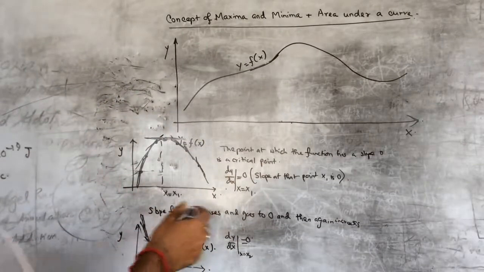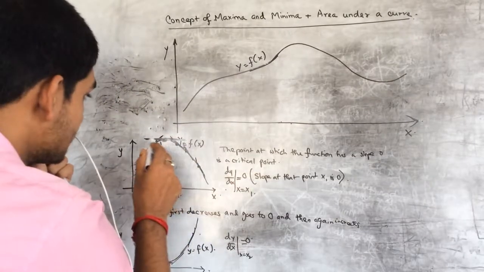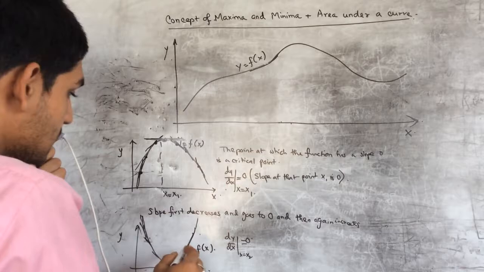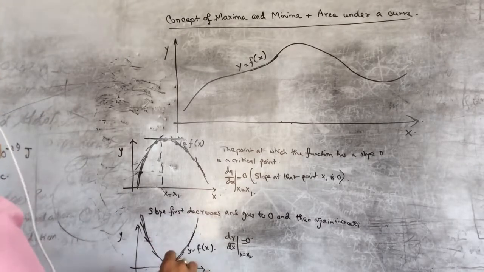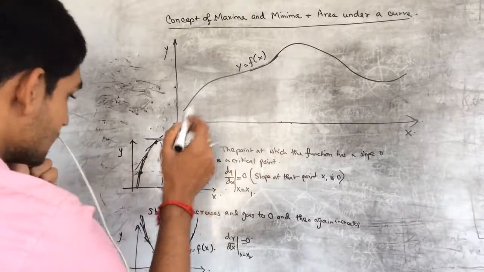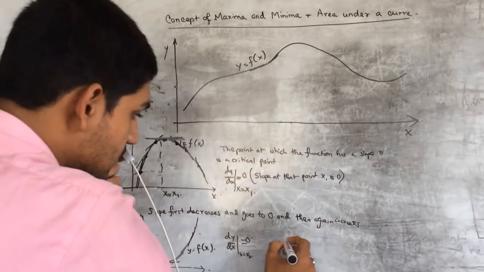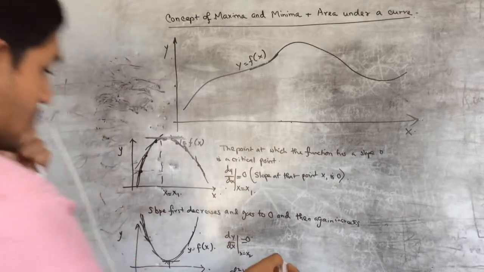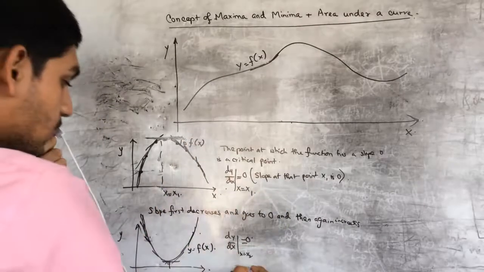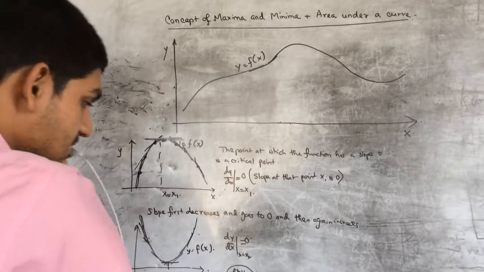So how will we analyze if the function is having a maximum or a minimum? Then we need to see the rate of change of the differential, that is the tangent. So we do d2y/dx2, and why we are doing this, I will tell it.